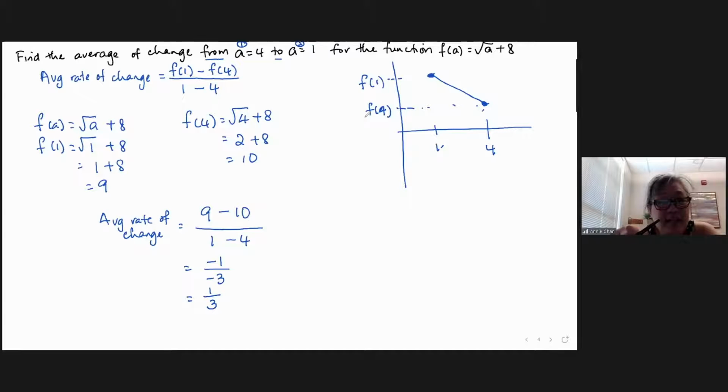So Alexa, you were the one who told me average rate of change is change in y over change in x. Had you known that, in this case, it is the change of y over change of a, right? Would you think to substitute a into f of a to find the two points for y?